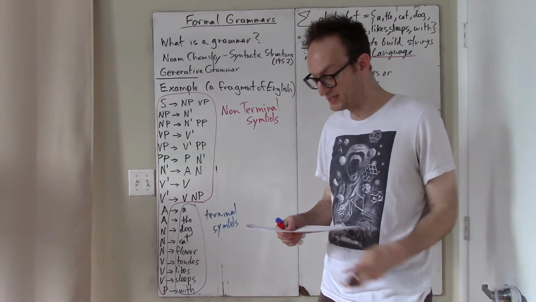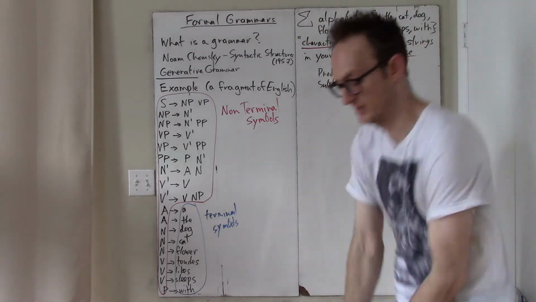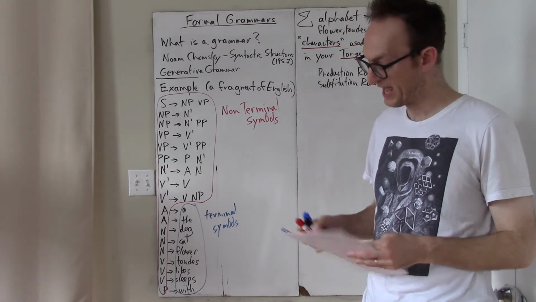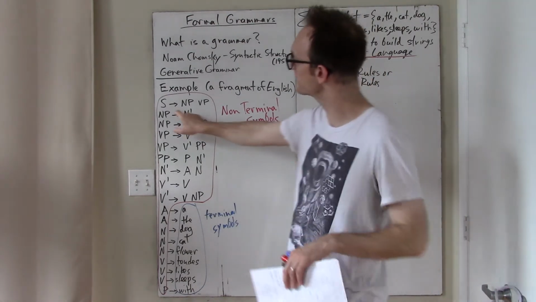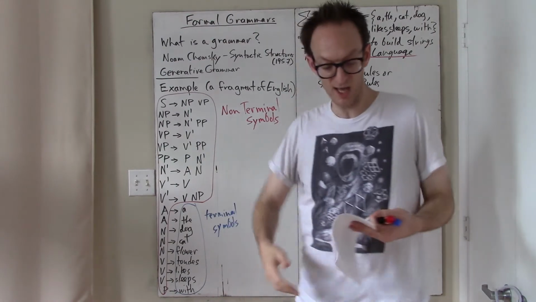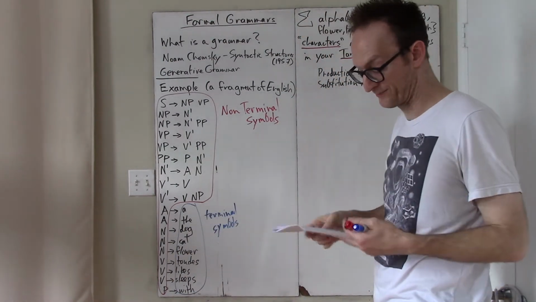So in this case, our terminal symbols are equal to our alphabet, and that's in general true, with a little bit of an exception. The non-terminal symbols for us are S, NP, VP, N prime, PP, etc. And the terminal symbols for us are a, the, cat, dog, etc.